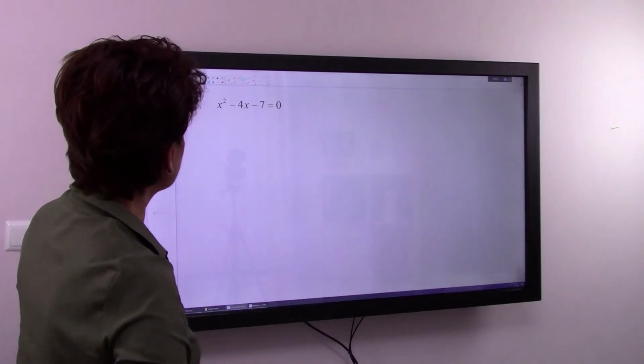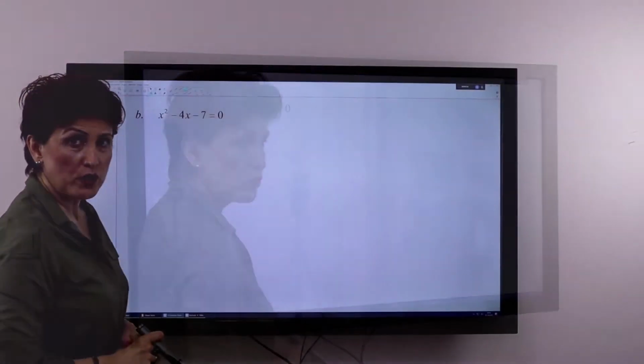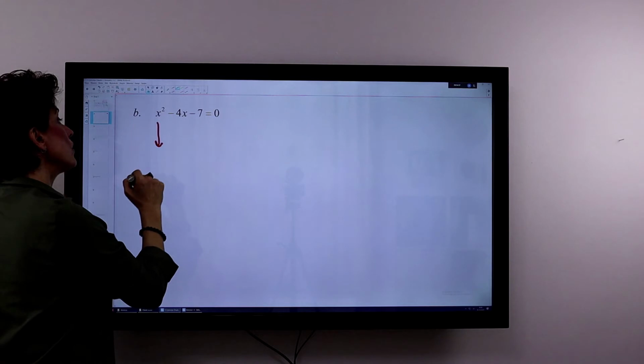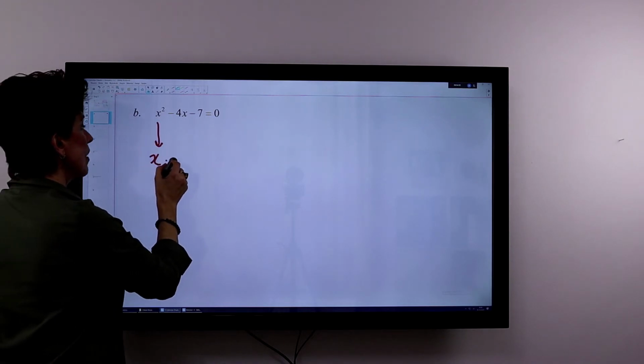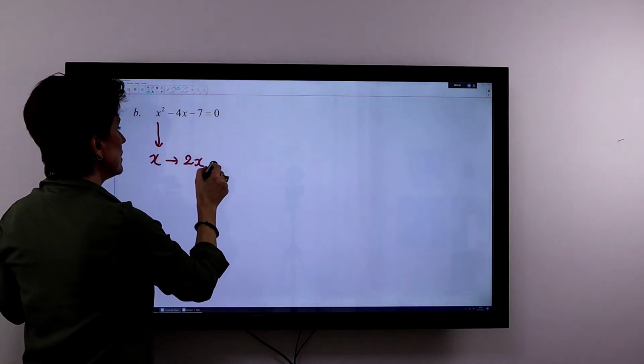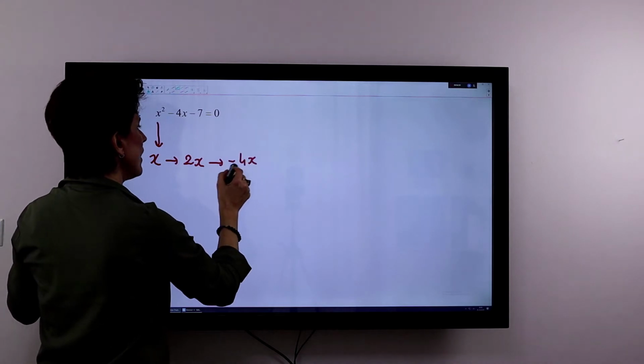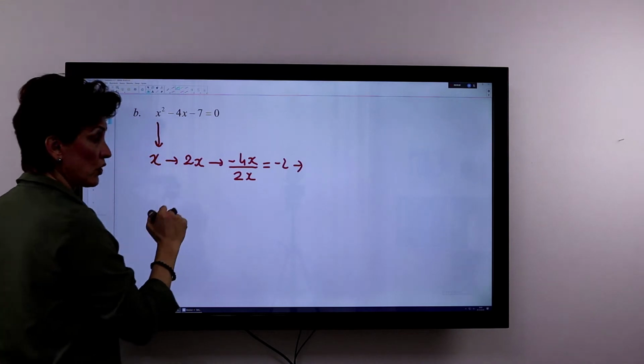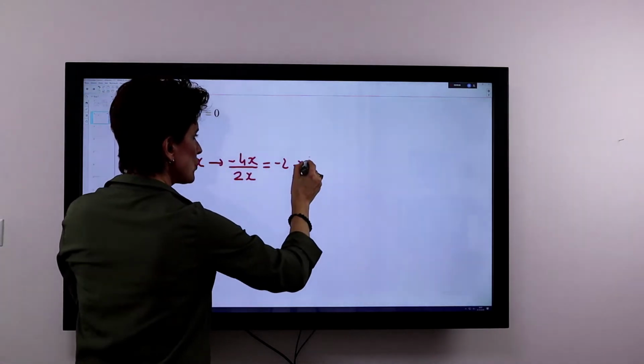Let's look at the next one. Again, we will do the same thing. What did we do before? Which term squared is x squared? x. Multiply by 2x, divide the middle term by 2x, which is negative 2. What do I need to have? Negative 2 squared, which is 4.